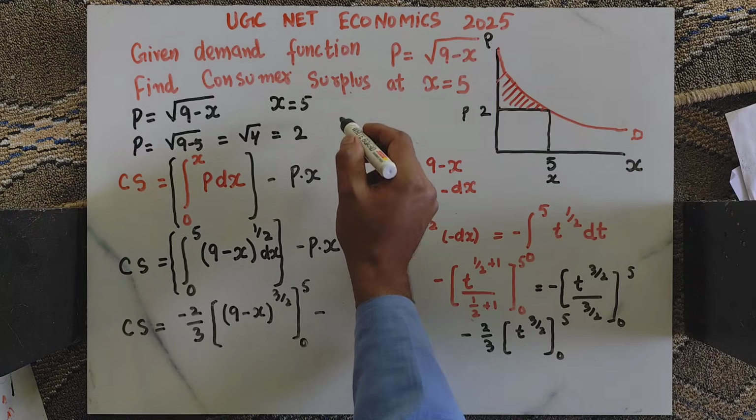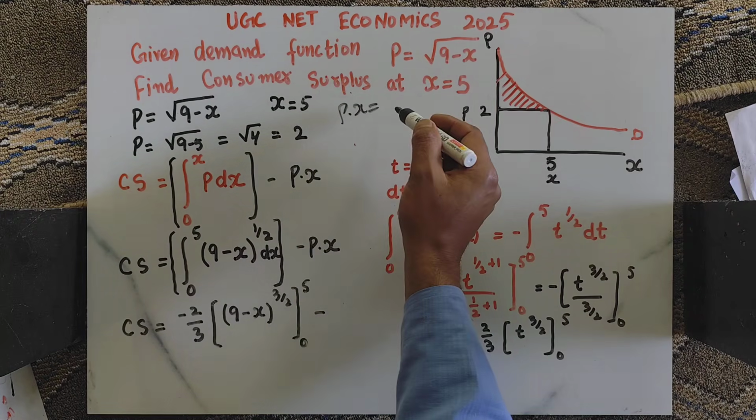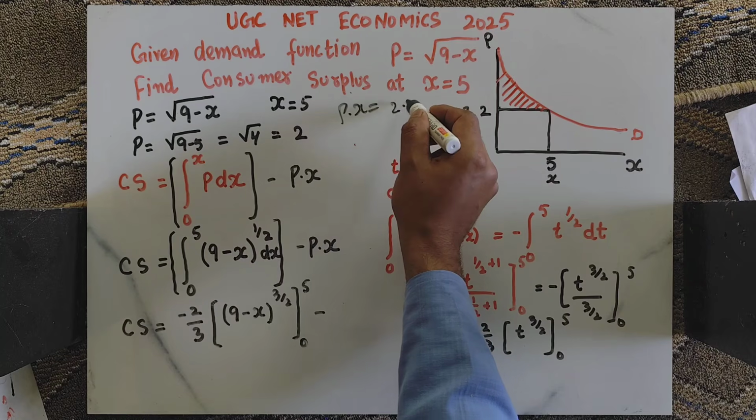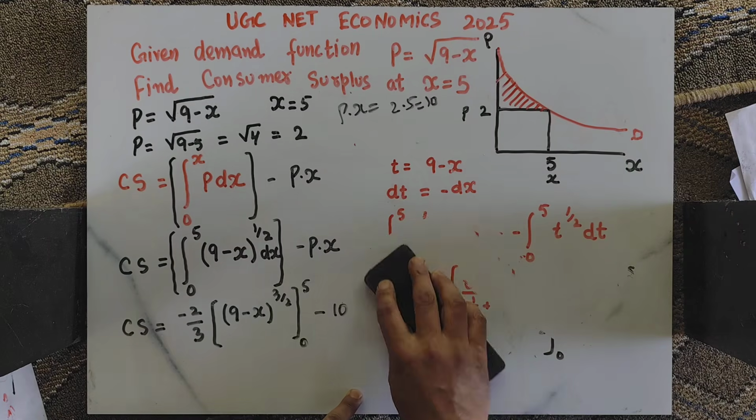P into X means P is 2, X is 5. So we have 2 into 5, which is equal to 10. So here we have 10. Okay, now let me rub this out.